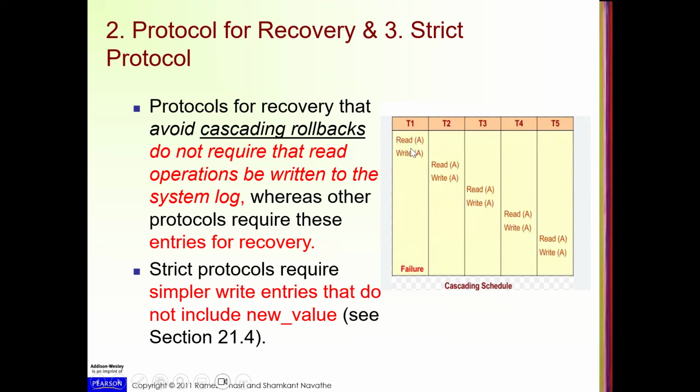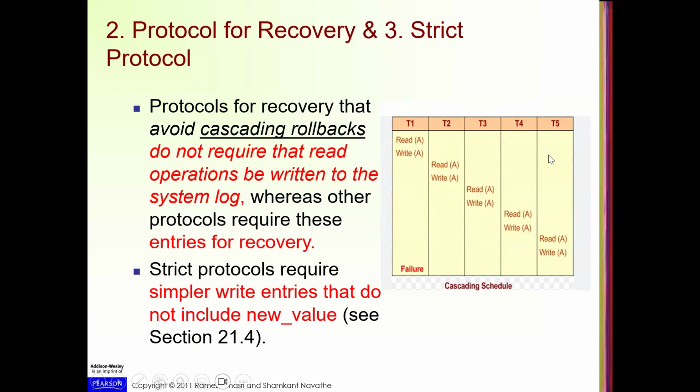Transaction T1 read an item A and performed a write operation on A. Then T2 started, it also read A and then performed a write operation on A. T3 did the same thing, reading the value which was written by transaction T2. Transaction T2 read the value which was written by transaction T1. Now all of them are performing read and write operations one after the other.